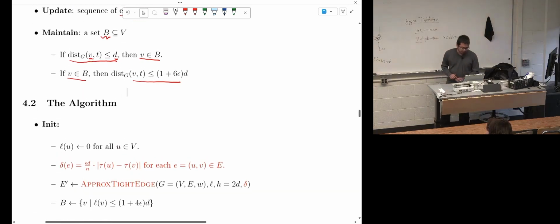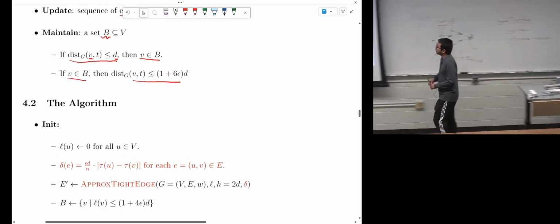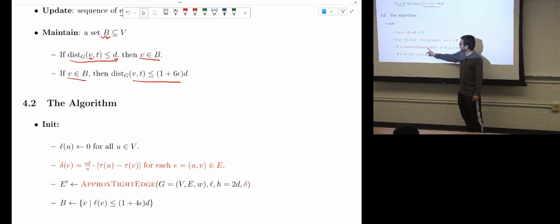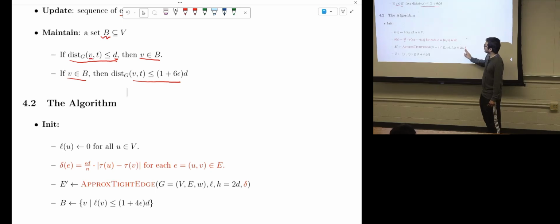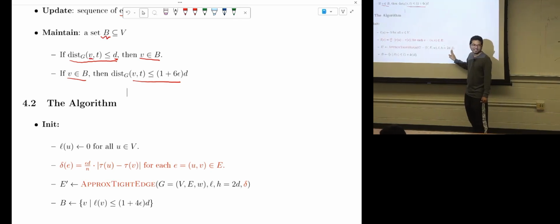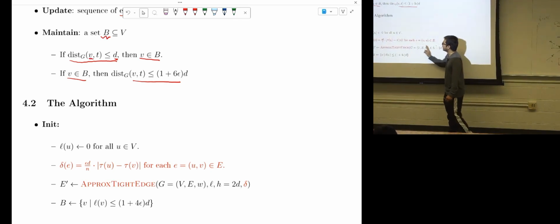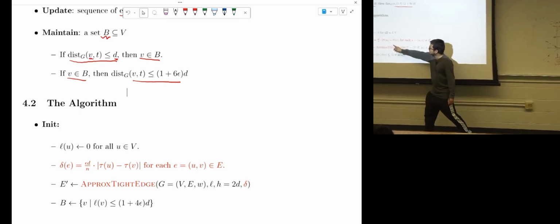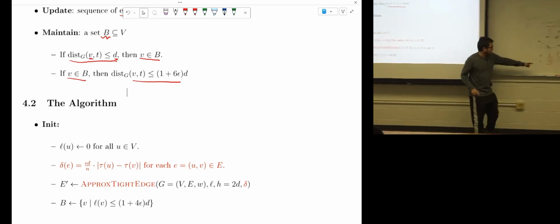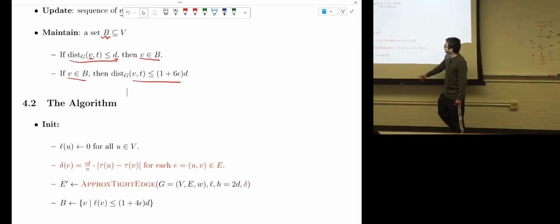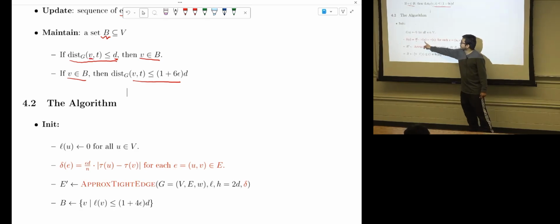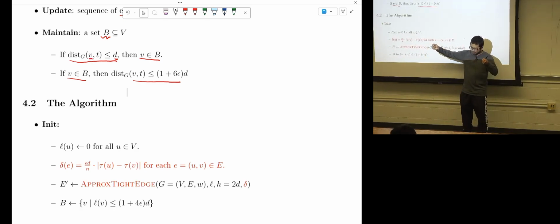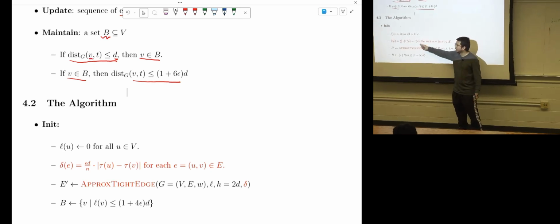What we're going to do here is maintain an Approx TightEdge Data Structure where the slack function is just this. It's like the same multiple as here, but if the edge is far in topological order, then the slack is bigger.